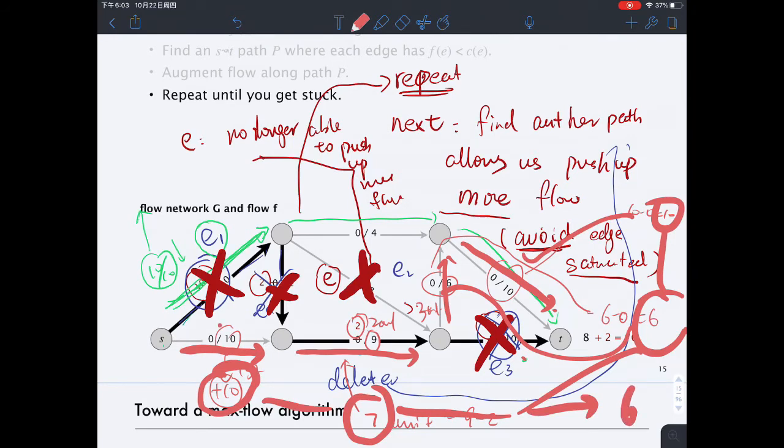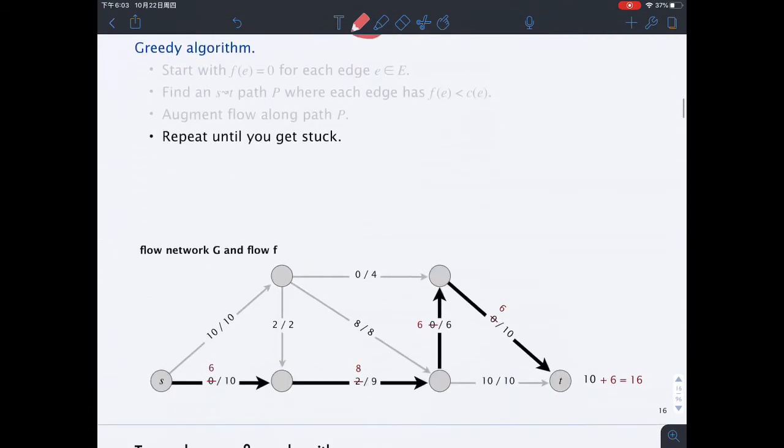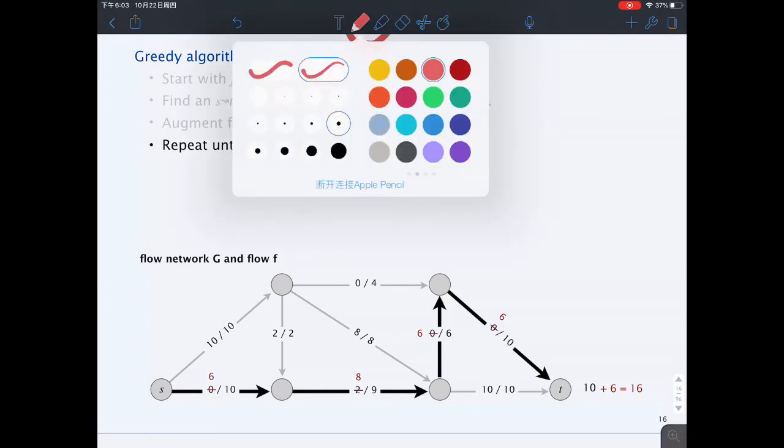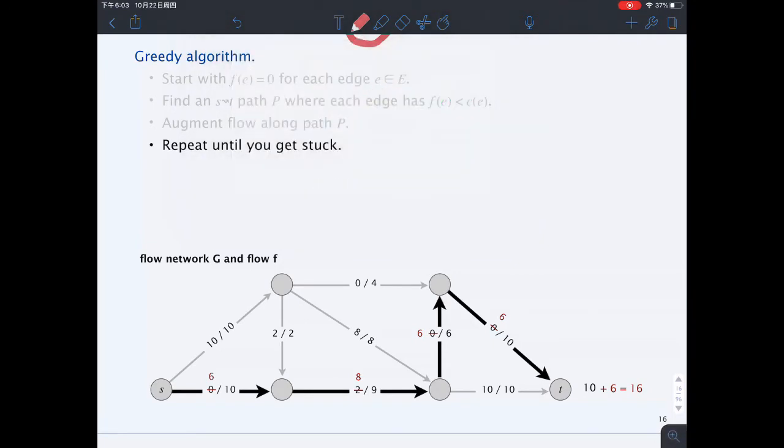If I take the min of all these numbers, again I get 6. That means I want to push up 6 units of flow along this path. This is exactly what the slide is going to do.